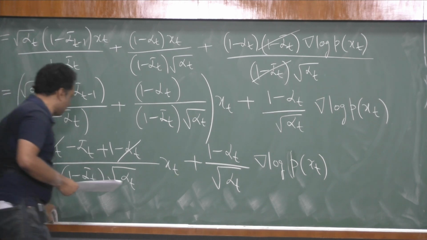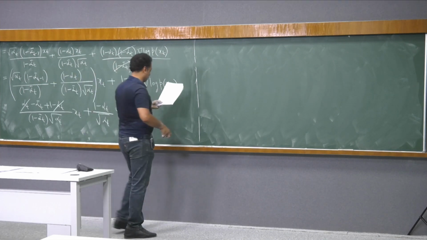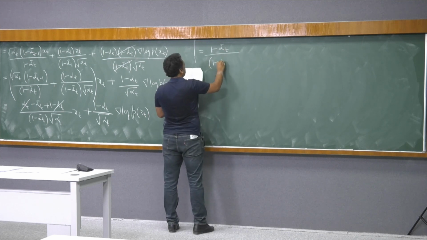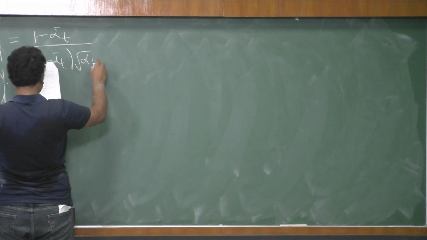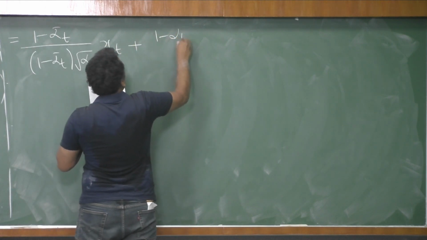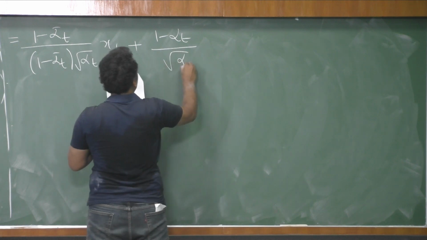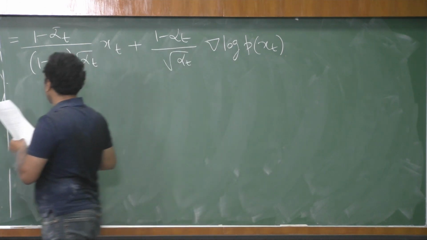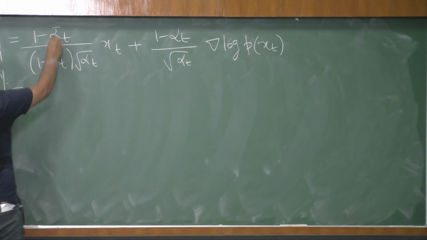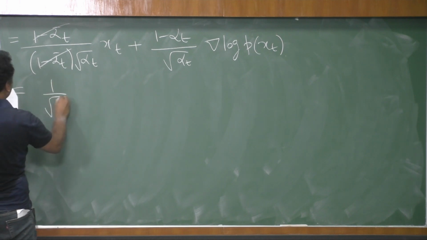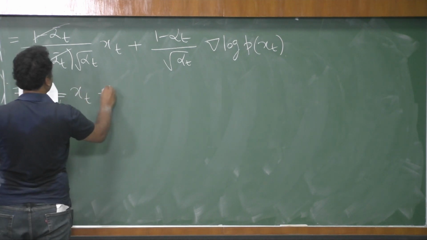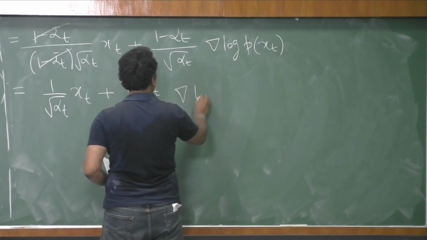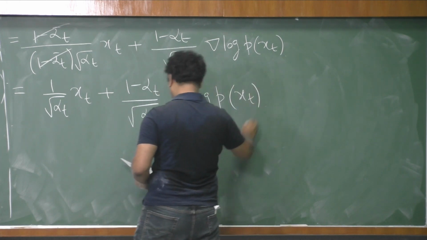So with this we have a further simplification, and this is equal to 1 minus alpha bar t divided by 1 minus alpha bar t, square root of alpha t, xt, plus alpha t divided by square root of alpha t, grad log p(xt), and which further simplifies, because this term gets cancelled again, to 1 by square root of alpha t, xt, plus 1 minus alpha t over square root of alpha t, and then grad log p(xt).